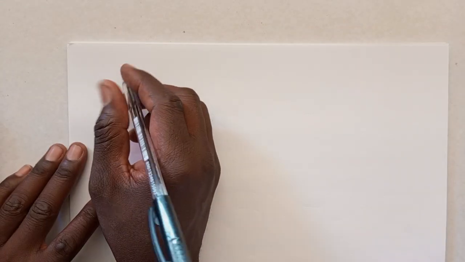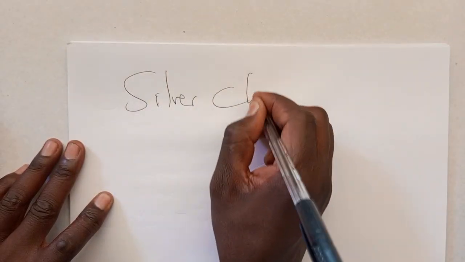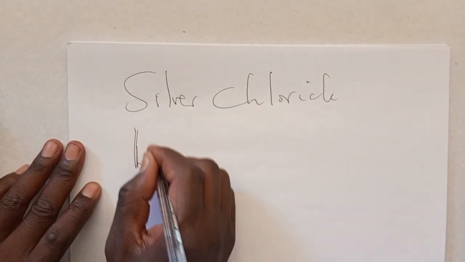But when you talk about chlorides, since that's what the question has prescribed, it has talked about silver nitrate. The other one that has been mentioned is sodium chloride. When we talk about chlorides, there are only two chlorides that are insoluble: silver chloride itself, and the other one is lead chloride.